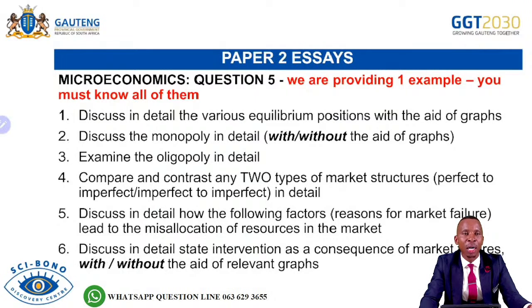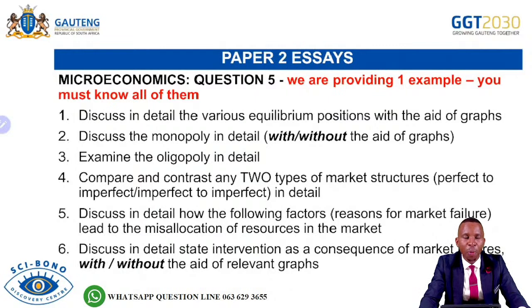The product is the only product without any substitute within the market. So know those characteristics in detail so that you will be able to answer the question if ever the monopoly essay comes in. Also, be able to draw graphs, the one for economic loss, the profit, and the normal profit. Be able to draw those graphs so that you will be free as you go to the examination.